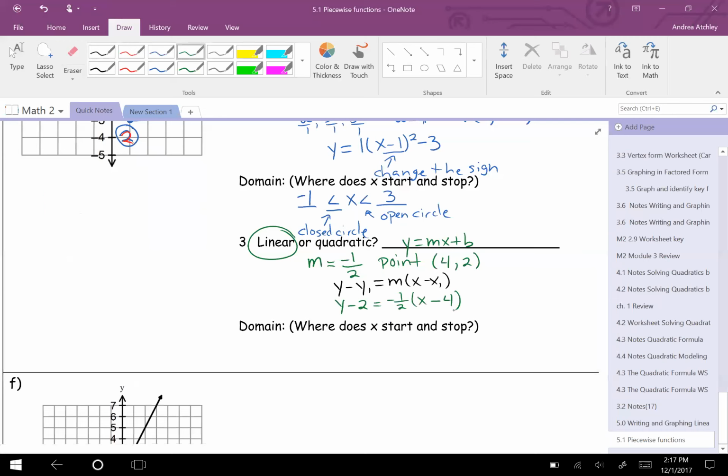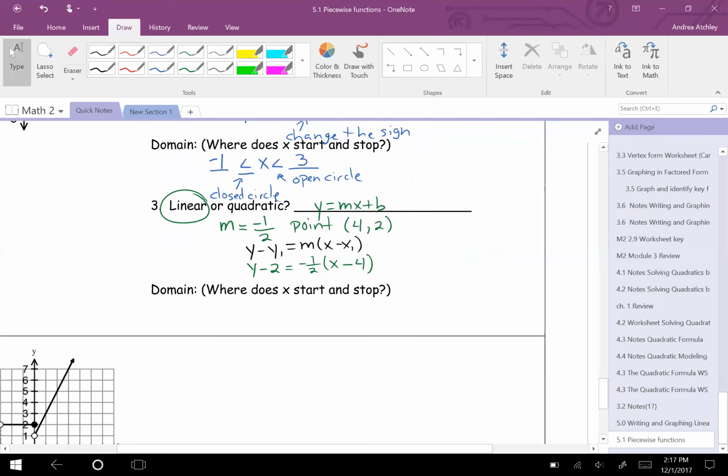Keep going. I'm going to move this up here. y minus 2 equals negative 1/2 times, well, let's distribute, negative 1/2 x. And then what? Negative 1/2 times a negative 4. A negative times a negative makes that positive. And 1/2 of 4 is 2.